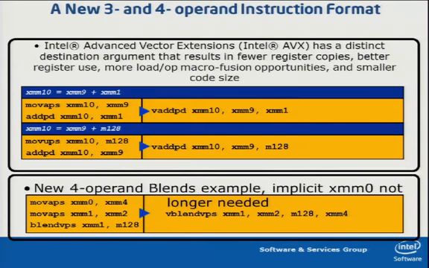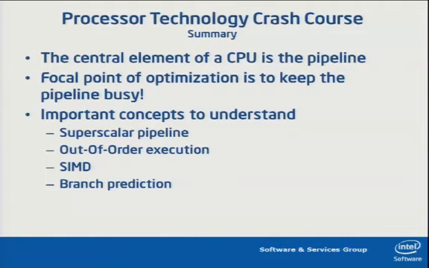Blend means we can copy two vectors together, and this blend instruction basically has a control mask that says, I'll take this value from the first vector, and if it's 1, I'll take this value from the second vector. And there, essentially, we need a 4-vector format.